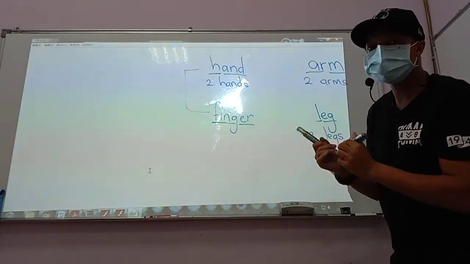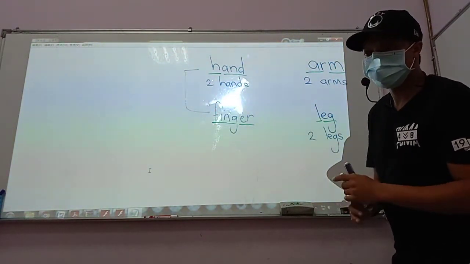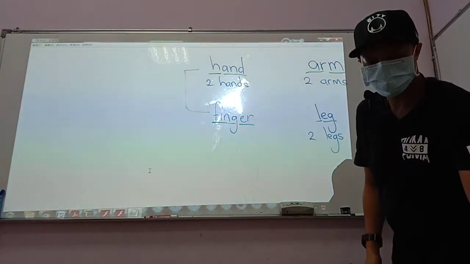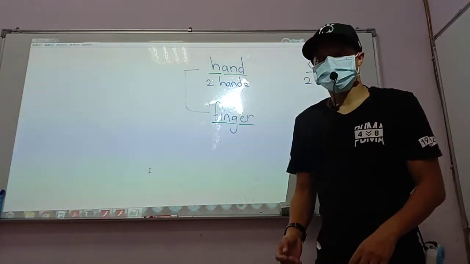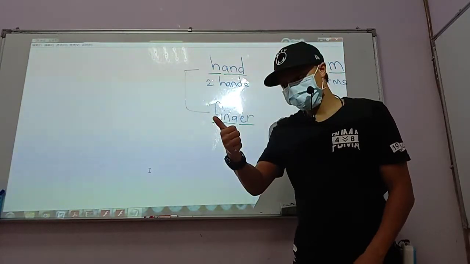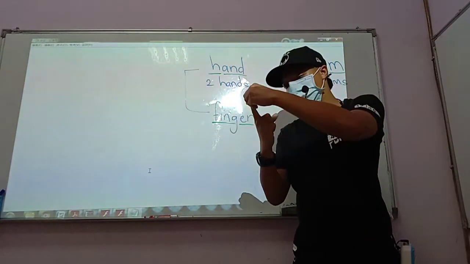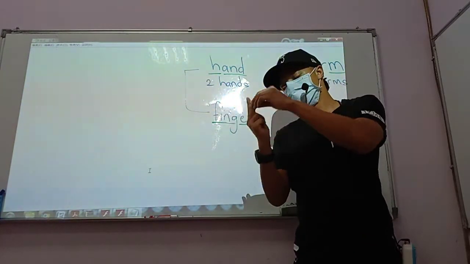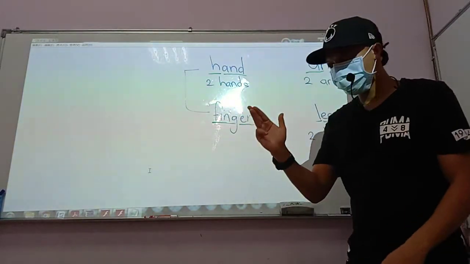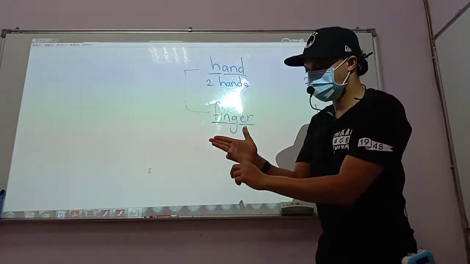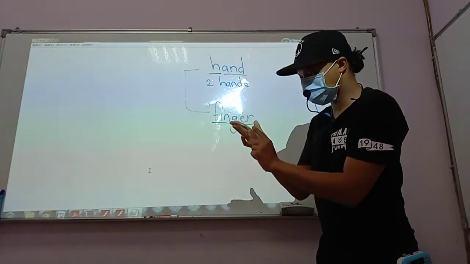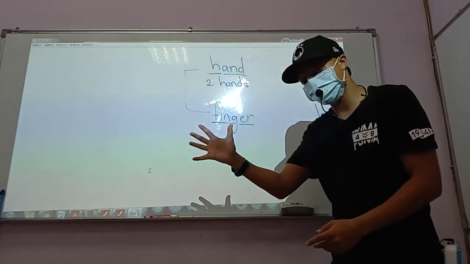And on our hands, we also have fingers. So how many fingers do we have? Let's count together. Alright, so 1, 2, 3, 4, and 5, right?